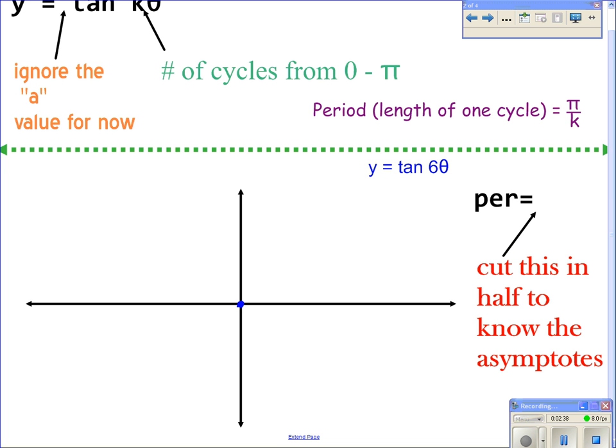We have to figure out how long the period is, because we know the k value is 6, and this formula right here says that we should take pi over our k value, which is 6. So one cycle is pi over 6 units.